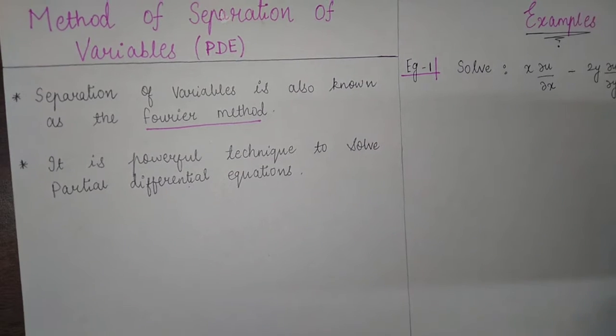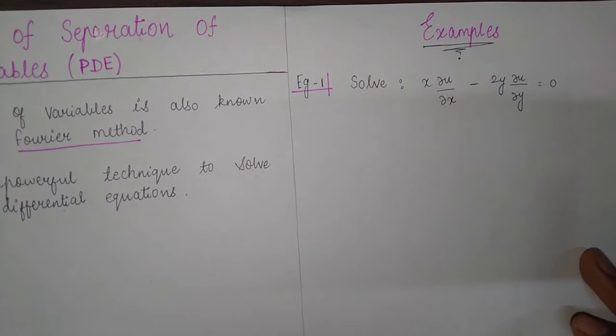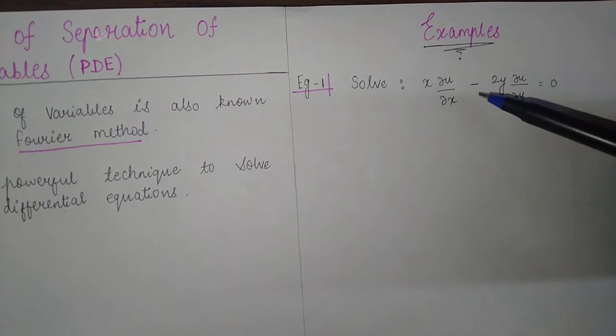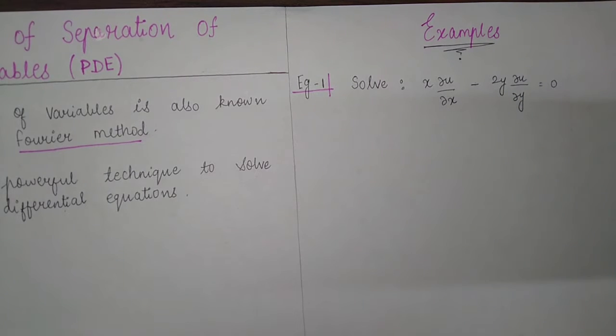So moving towards the examples, example 1: solve x del u by del x minus 2y into del u by del y equal to 0. The question is given and we have to solve it by using the method of separation of variables.